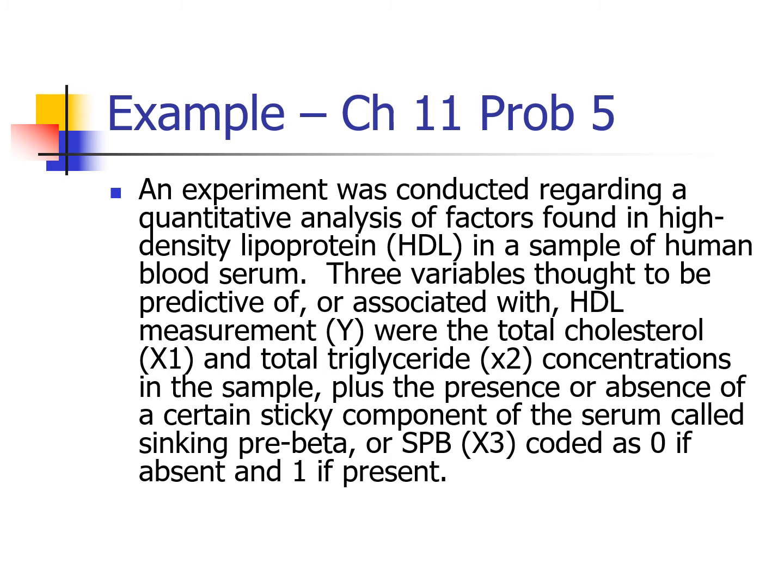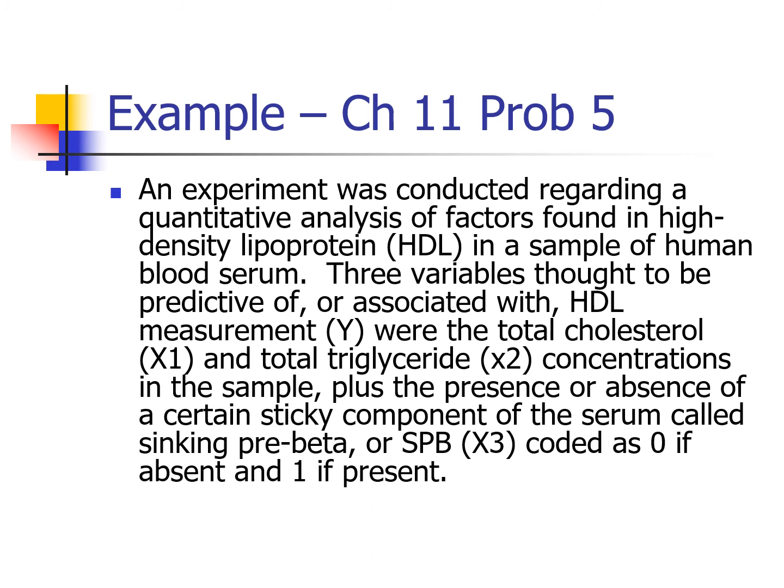So an alleged experiment was conducted regarding a quantitative analysis of factors found in high-density lipoprotein, whatever a high-density lipoprotein is. I guess you can abbreviate it HDL. So that's our Y. And three variables thought to be predictive of HDL were total cholesterol, so that's X1, it's numeric.